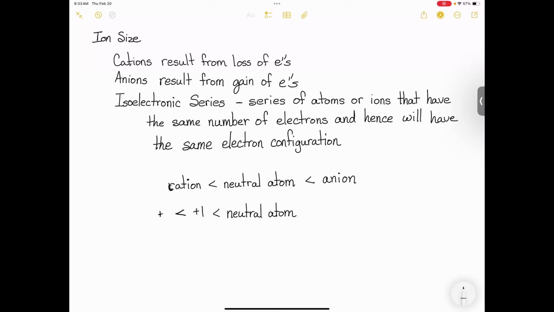So a +2 is smaller than a +1. And as might be expected, a +3 is even smaller. Now the other direction, if we only add 1 kid, it grows a little bit. But if we add 2 kids, it's going to grow more. And if we add 3 kids, it's going to grow even more.